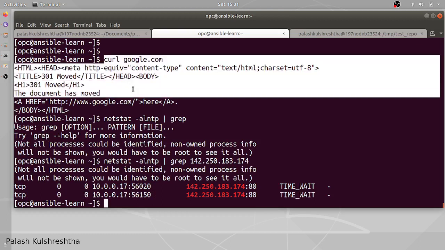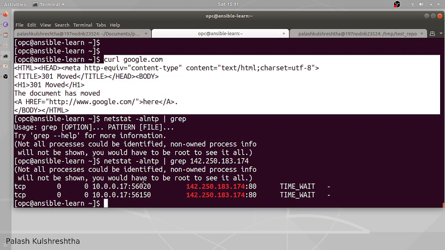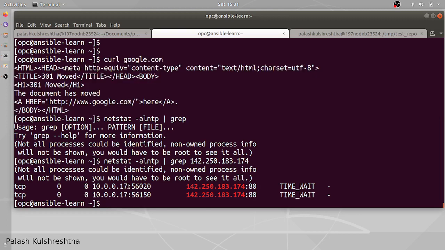As soon as I hit google.com, this is my local IP address. This is the port, my local port 56020.